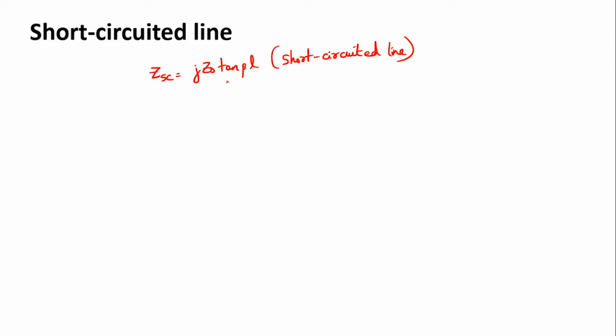And here you get jX as this value. So from Z equal to jX you remove j. So the X value is obtained as this. X is Z0 tan βl. We were writing it in the last step also.